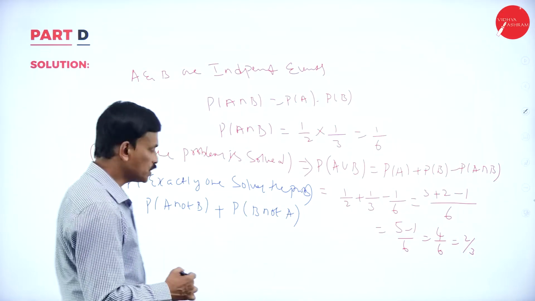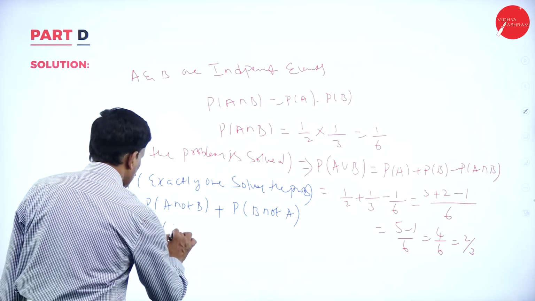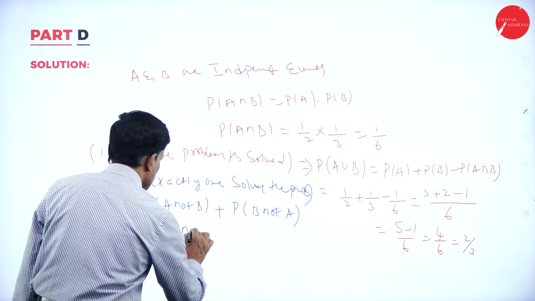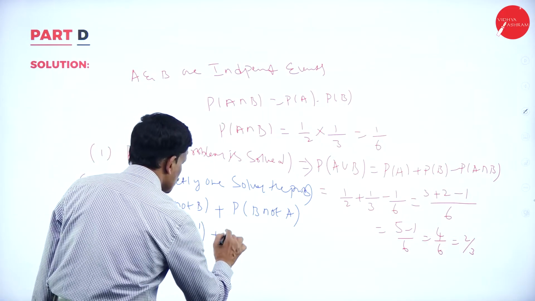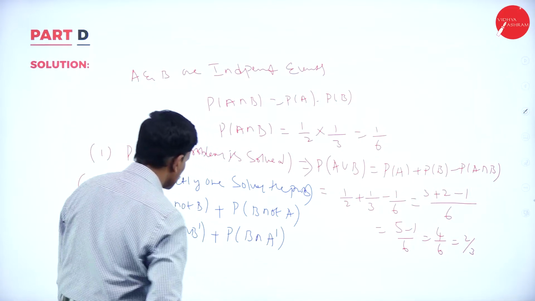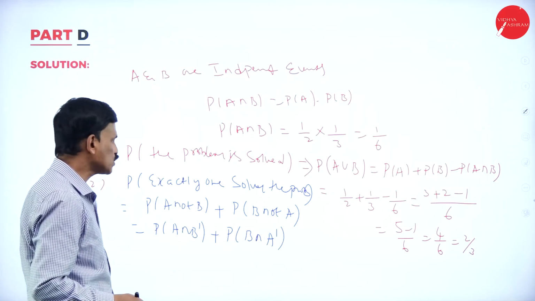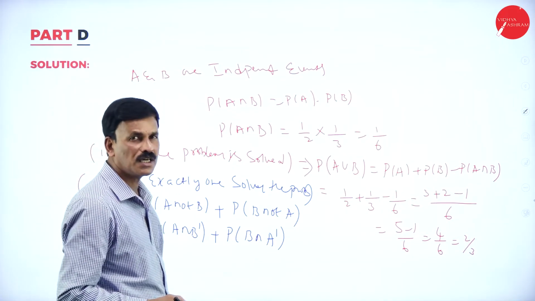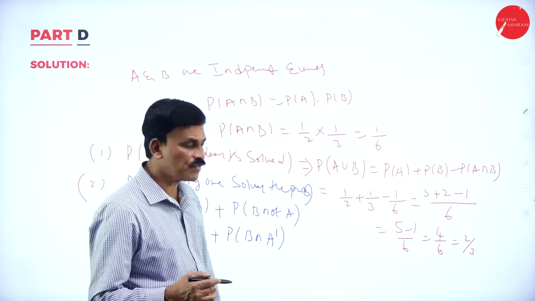That is it. So, this is denoted as probability of A intersection B dash plus probability of B intersection A dash. Now, there is a formula for this.